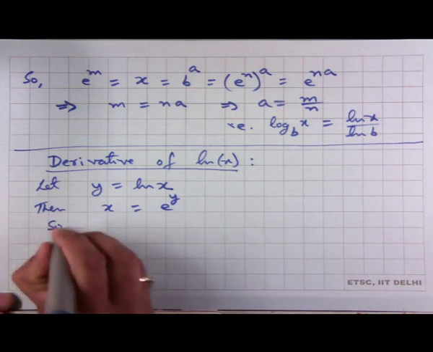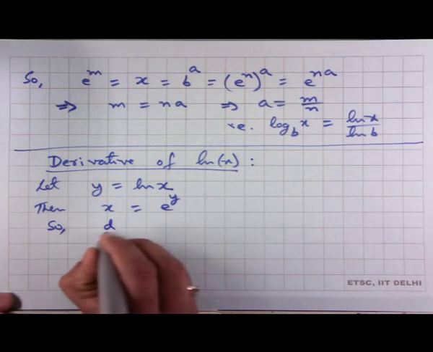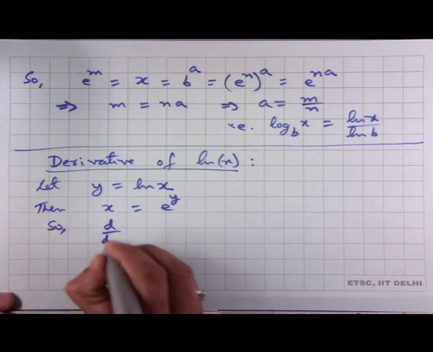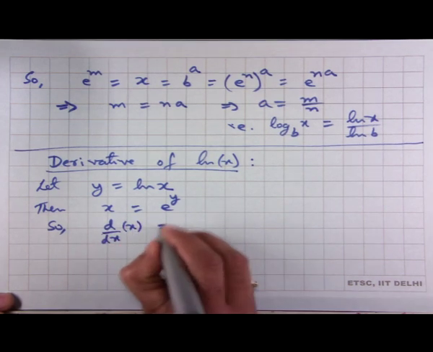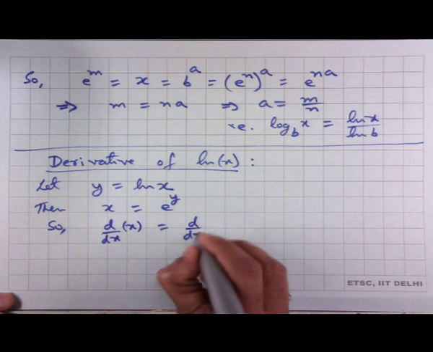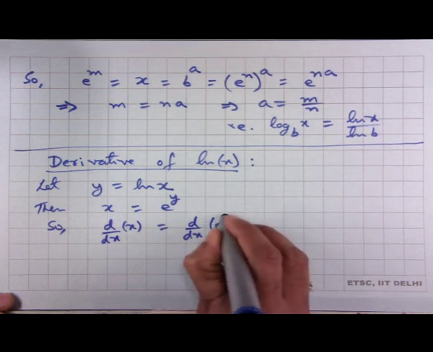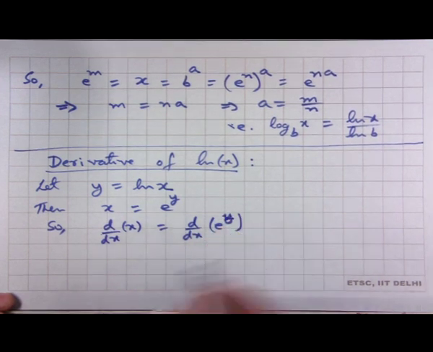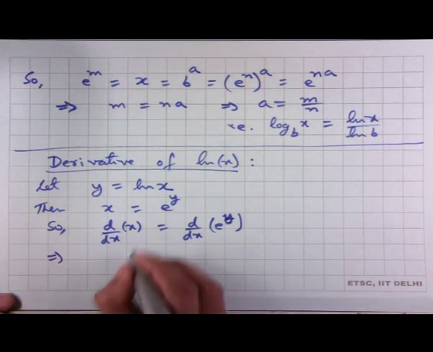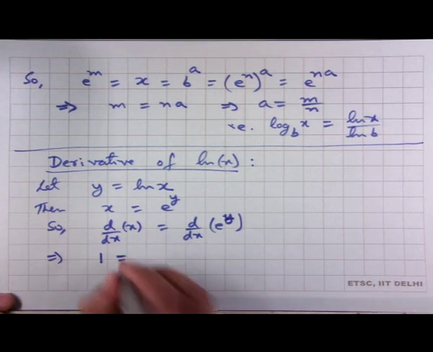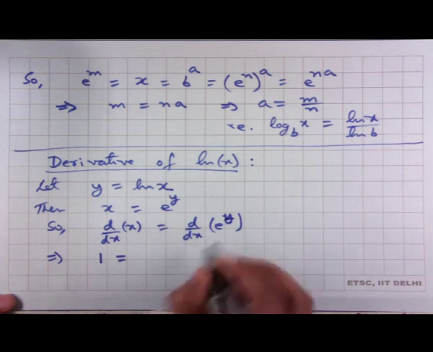So, d by dx of x is equal to d by dx of e to the y, and this implies 1 is equal to, now here we use chain rule.